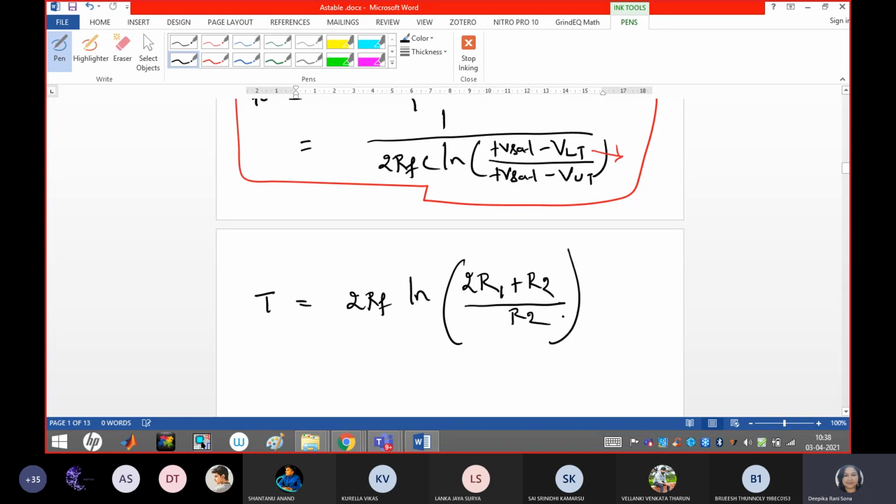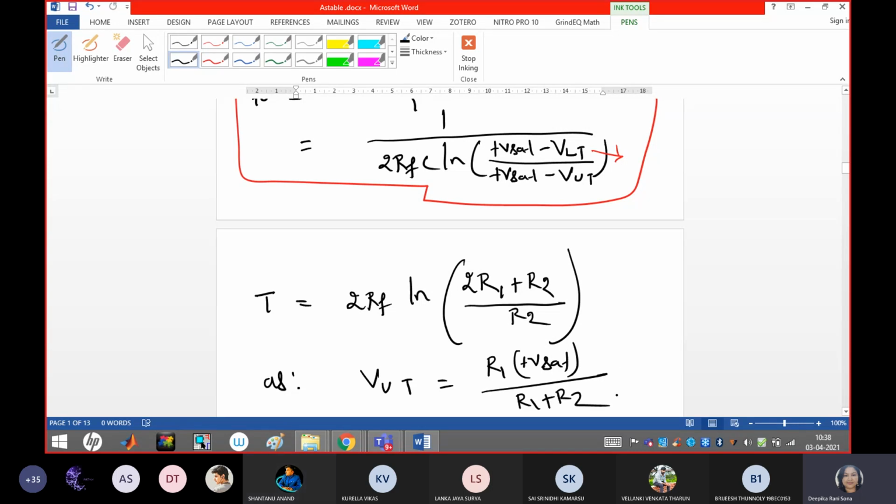How I got this? I'll just write VUT. As we know, VUT equal to, tell me guys, what is VUT? R1 into V set plus V set whole divided by R1 plus R2.